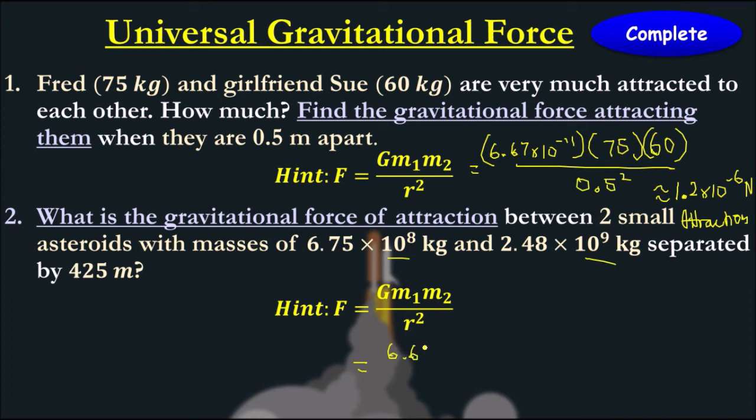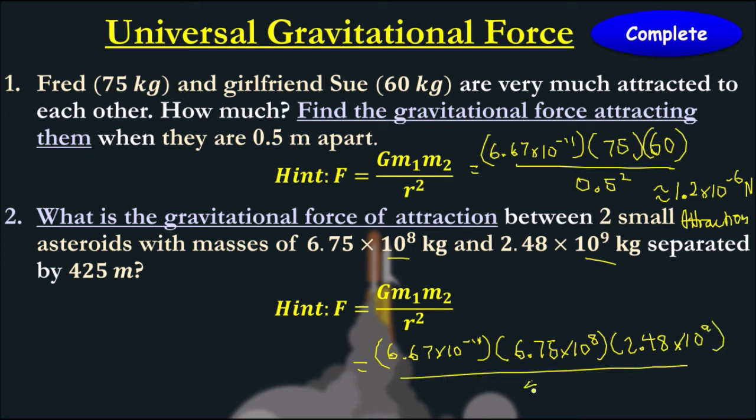So again, do your substitution, and we get an approximate attraction force of 618 newtons. Again, attraction. So that's how you do those 2 questions. They're relatively straightforward, so to speak.